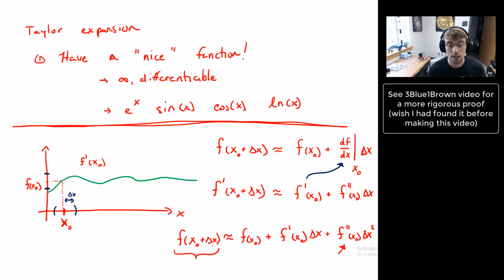It is trying to find an expression for the function in the neighborhood of x naught, that's what that delta x represents, based solely on the values of the function and its accompanying derivatives at exactly x naught. Seems kind of cool, actually, right? I can say what the value of the function is right over there, based on the value of the function right here.